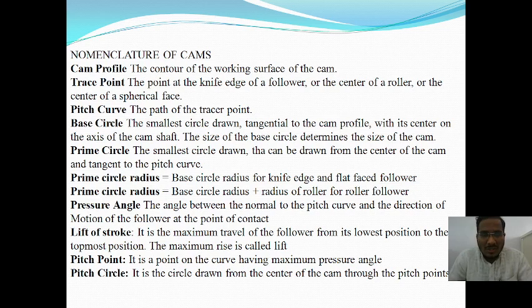You have to see that diameter and take it to draw the diagram. Okay, the trace point is very important: the knife edge of the follower, the center of a roller, or the center of a spherical follower. It means the trace point while you are drawing the diagram of the cam profile.